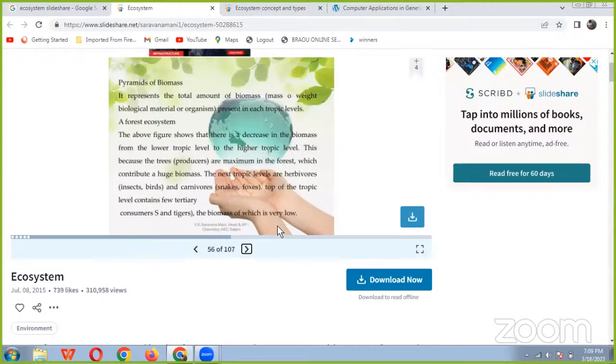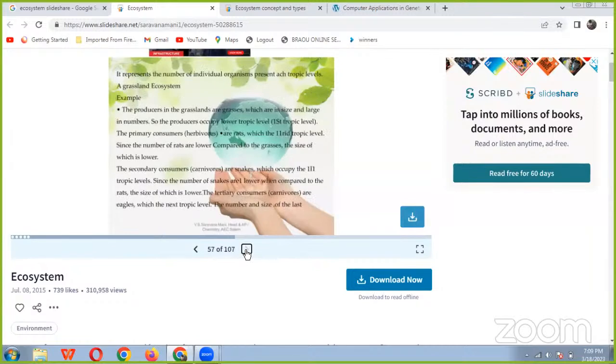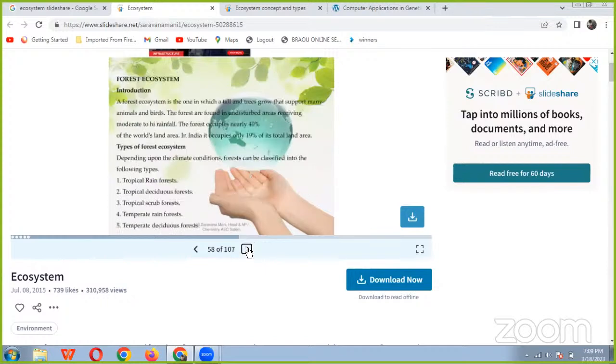Most ecological pyramids are upright. The exceptions are the number pyramid of the tree ecosystem, which is inverted, and the biomass pyramid of the pond ecosystem.